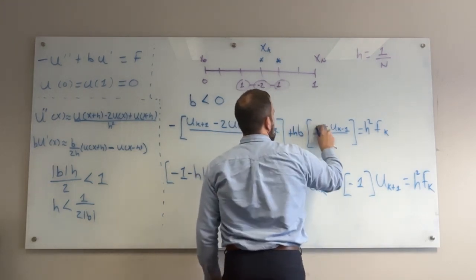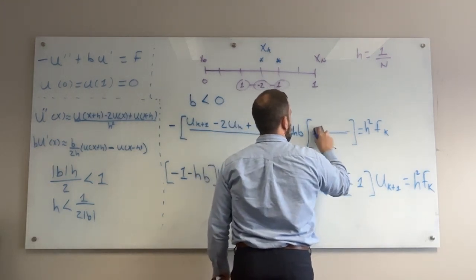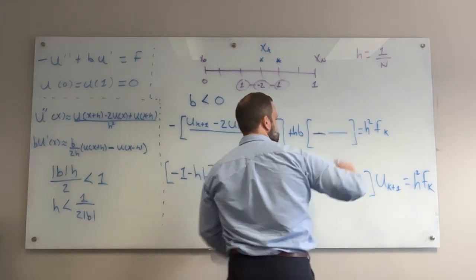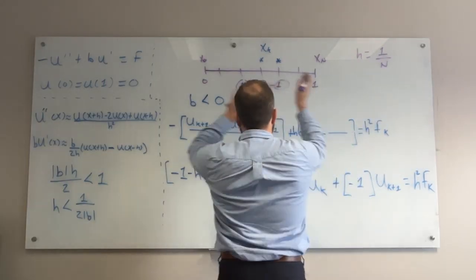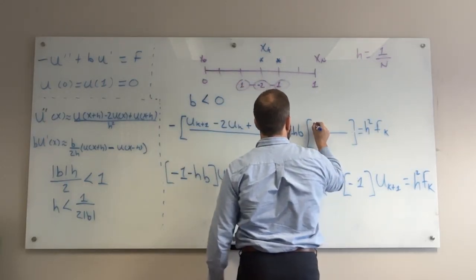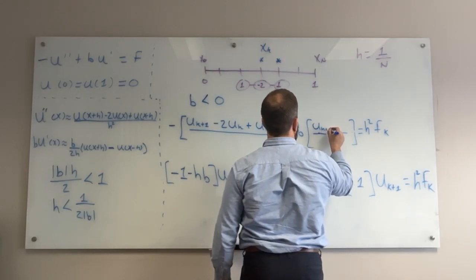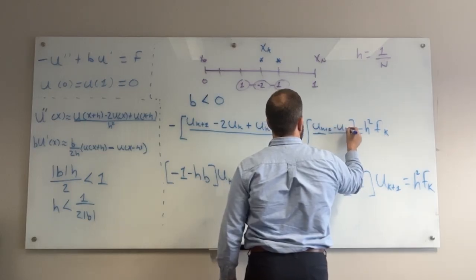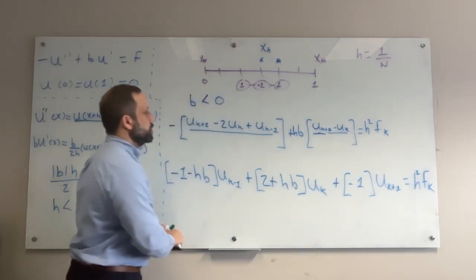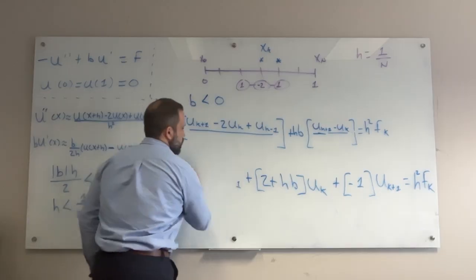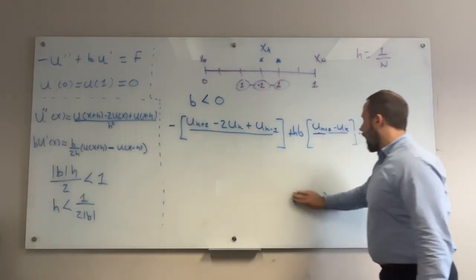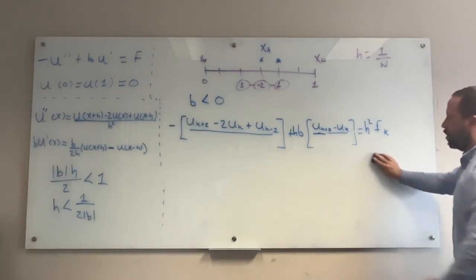So we're going to look at a different approximation scheme where we look that way, moving this way. So we're going to have uk plus 1 minus uk. And of course, in the approximation, we divide by h, but then when we multiply by h squared, this is what we get.